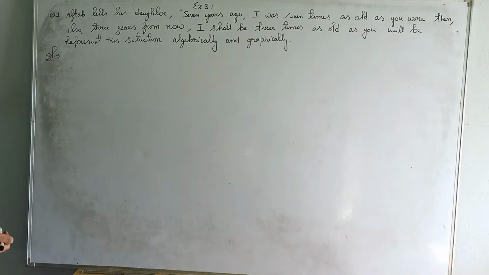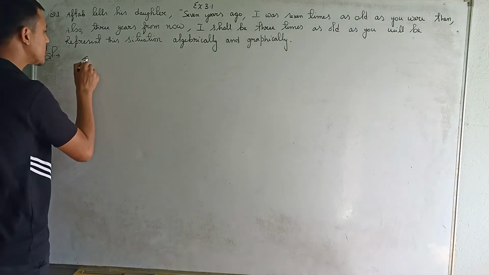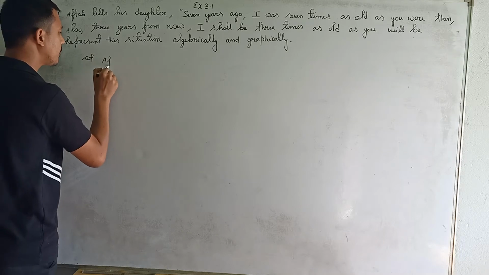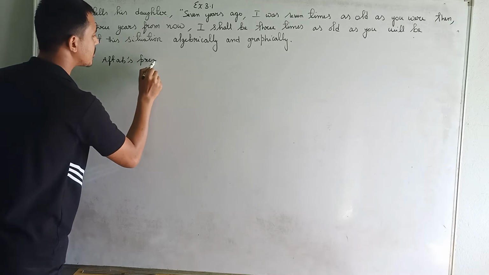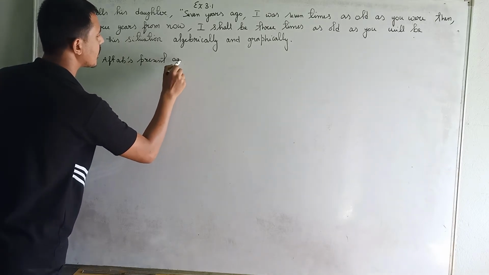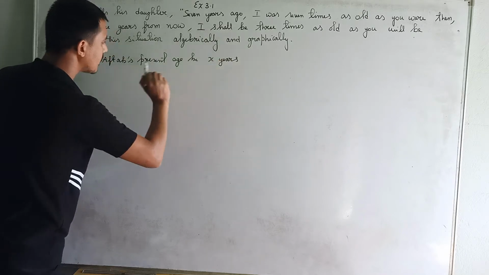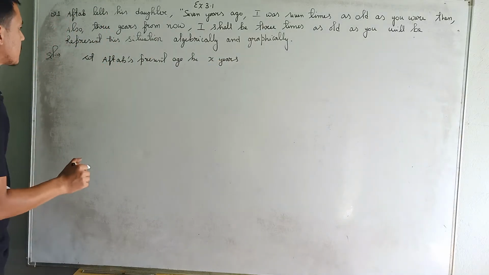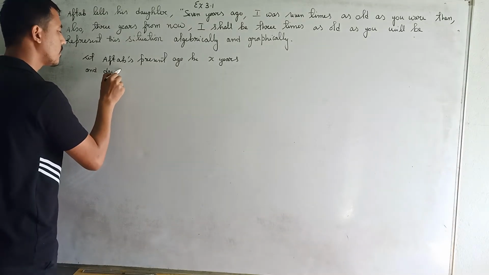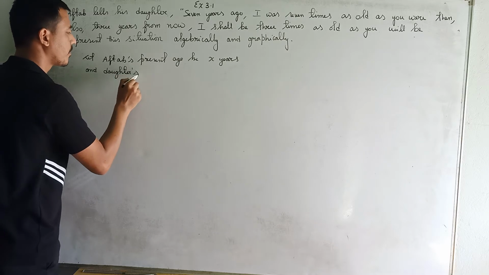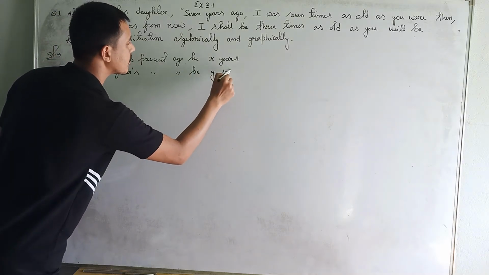But we do not have any information about their present ages, right? So what I'm going to do is let Aftab's present age be x years, and his daughter's present age be y years.